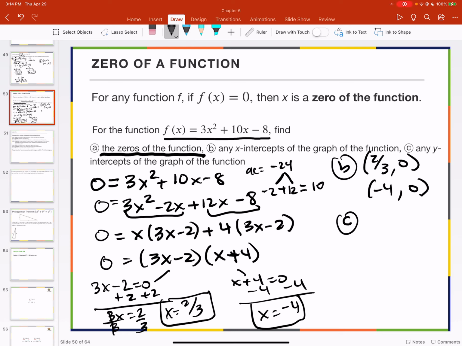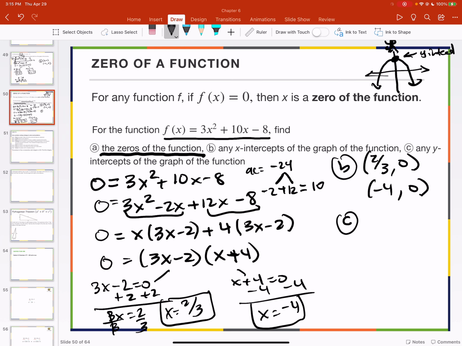And then any y-intercepts. Now y-intercepts are different, right? The y-intercept of a function occurs when the value of x is equal to 0. I'll show you why by looking at this picture here. Let's say I have this function, some kind of parabola. It crosses here at the y-axis. That's why it's called the y-intercept, because it's touching the y-axis.